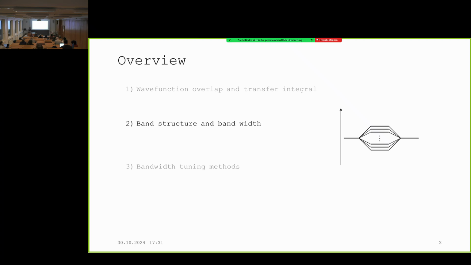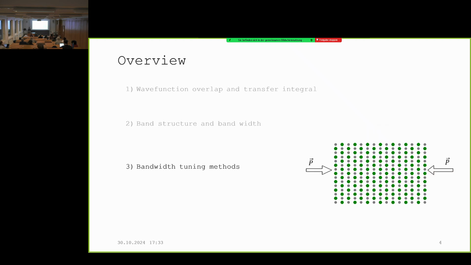Bandwidth especially is going to be important in Andrej's talk because it's important for strongly correlated electrons in some materials. So to add on to this, we'll talk about bandwidth tuning methods, which are important to study these strongly correlated materials.